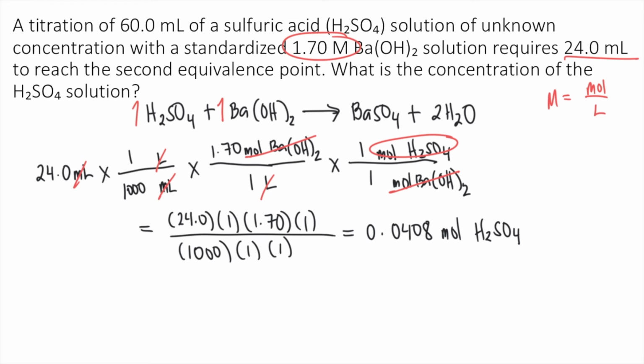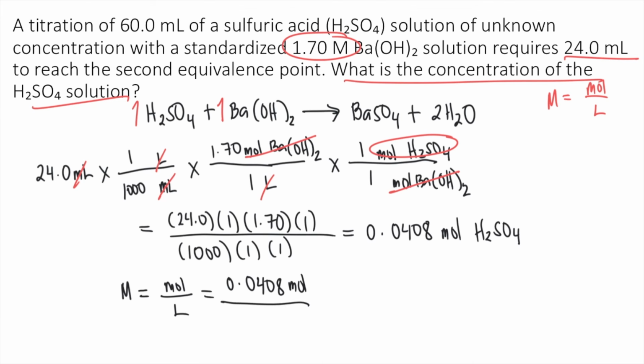And now we have the moles of H₂SO₄. We can now solve for the concentration because the problem is asking what is the concentration of the H₂SO₄ solution. So if you can recall the formula for molarity, molarity is moles over liters of the solution, right? So the moles of H₂SO₄ we got is 0.0408 moles divided by the liters of sulfuric acid.